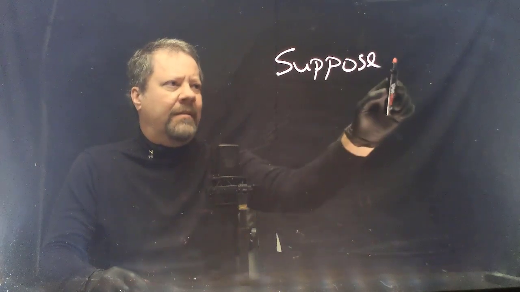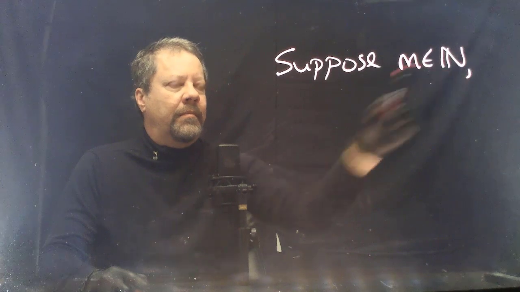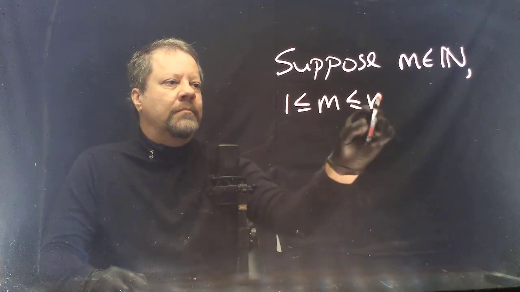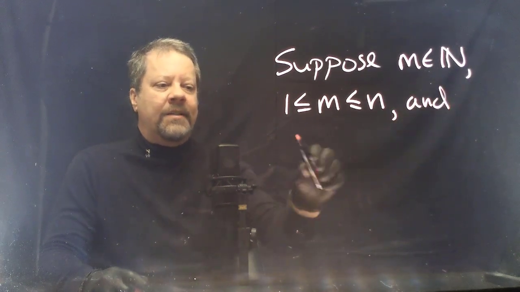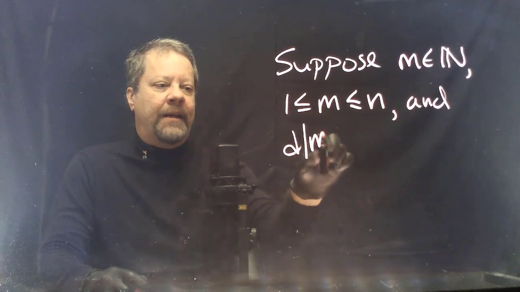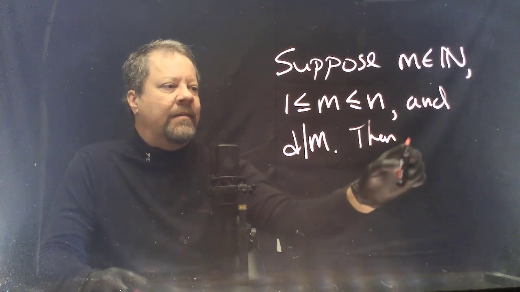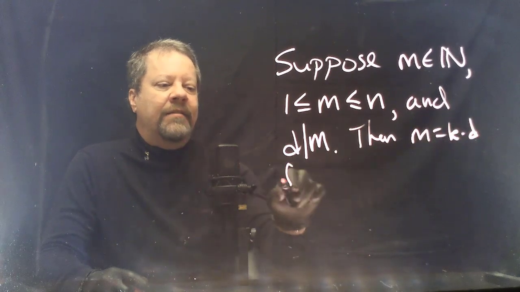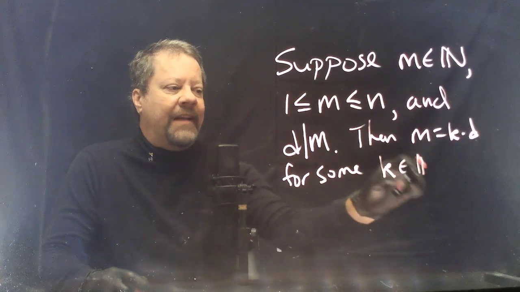Suppose m is such a number, and let's suppose that d divides m. What does this statement mean? It means m is k times d for some k in the set of natural numbers.